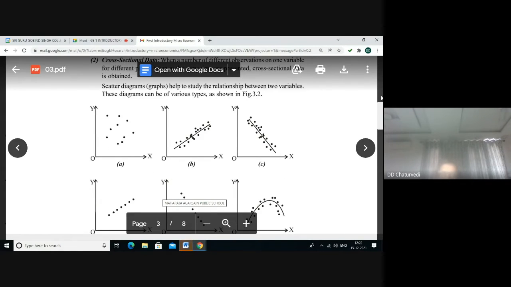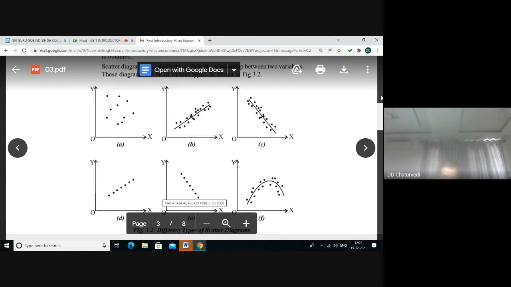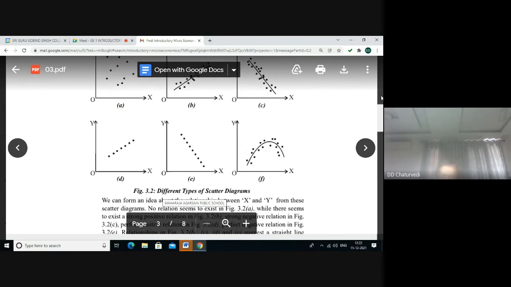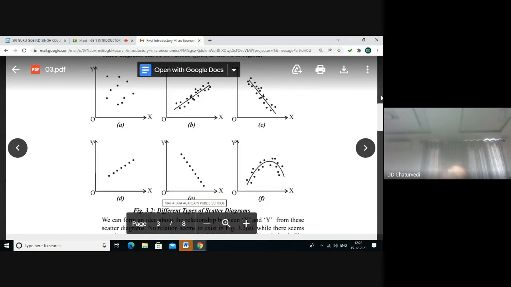And this scatter diagram may be of the form as shown in A, B, C, D, E, or F part of this figure. While A part of the figure shows no specific relationship between the two variables, B part of the diagram shows a positive relationship. C part of the diagram shows a negative relationship between the two variables.